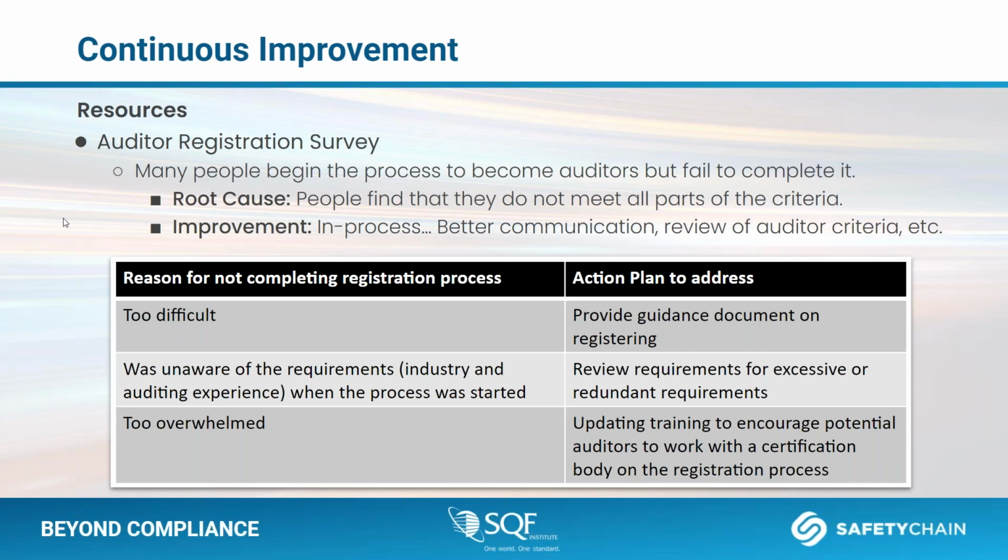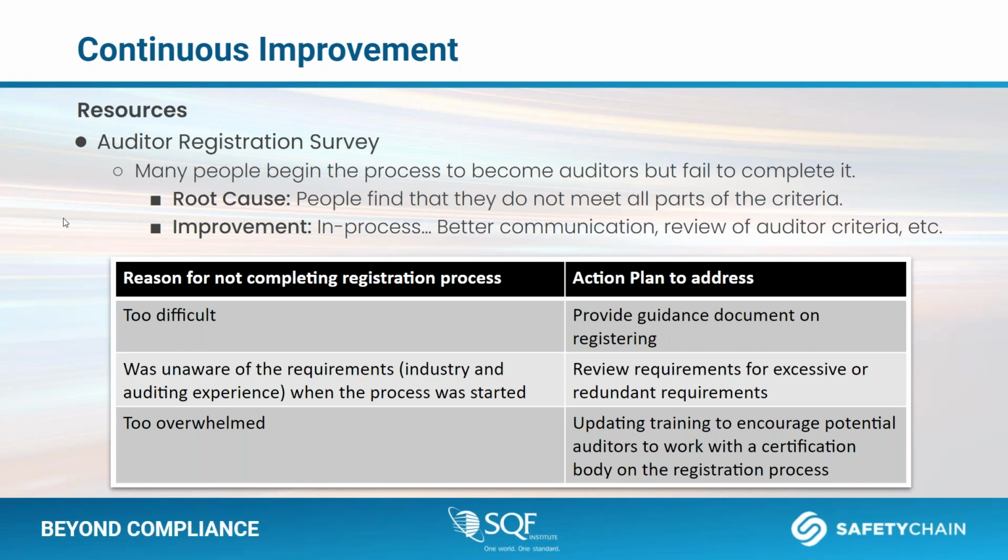And then for some, the registration process was too overwhelming, and I get that. My goodness, there's a lot of moving pieces to it and a lot of information that you have to pull together. And so we've updated our training to where we really encourage potential applicants to get lined up with a certification body. You have to have a CB to sponsor you in order to be an auditor.